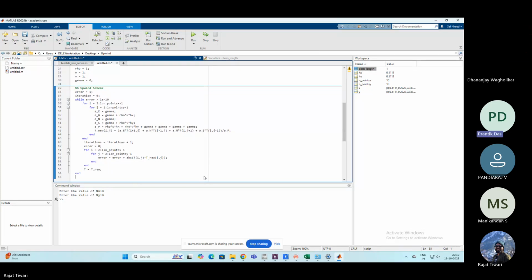This is my upwind scheme itself, where I put the coefficients and solve the temperature iteratively over the whole domain.